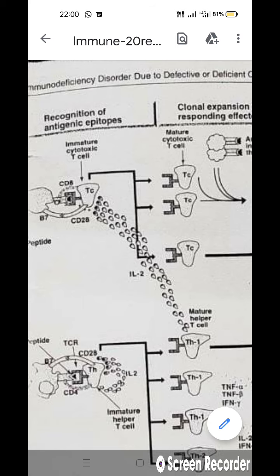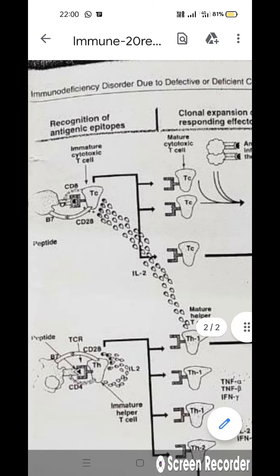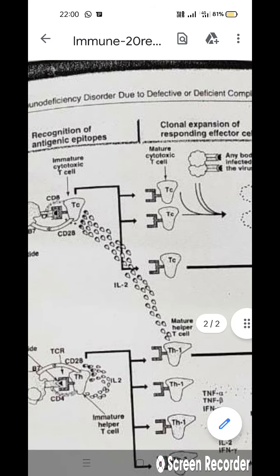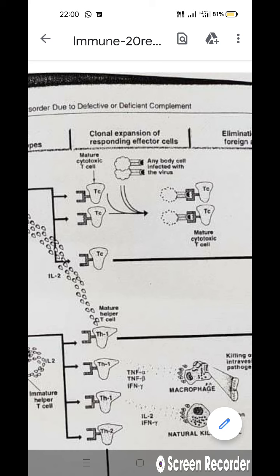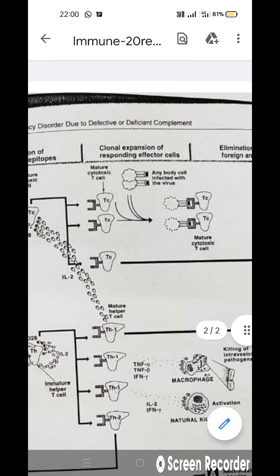After getting these three signals, the immature cytotoxic T cell becomes a mature cytotoxic T cell, and what they do, with the help of two molecules, one is perforin, another one is granzyme. You know what perforin is? Perforin is released by the cytotoxic T cell.